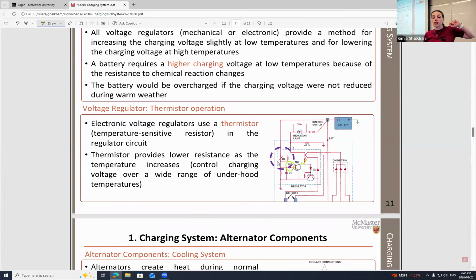But in addition to that, it has a thermistor. A thermistor is another sort of resistor which is sensitive to temperature, meaning it will adjust based on the temperature. Makes sense? Therefore, here you can see in addition to the Zener diode and the transistor, we have a temperature sensitive resistor in order to also regulate the voltage.